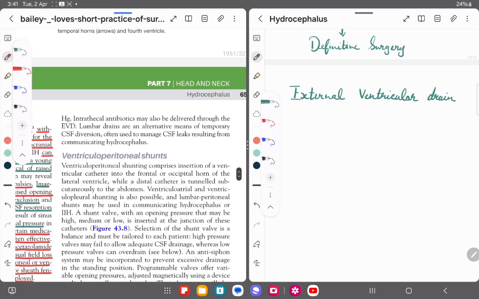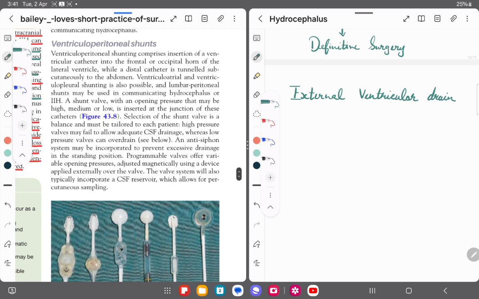Intrathecal antibiotics may also be delivered through the external ventricular drain. Lumbar drains are an alternative means of temporary CSF diversion, often used to manage CSF leaks resulting from communicating hydrocephalus.